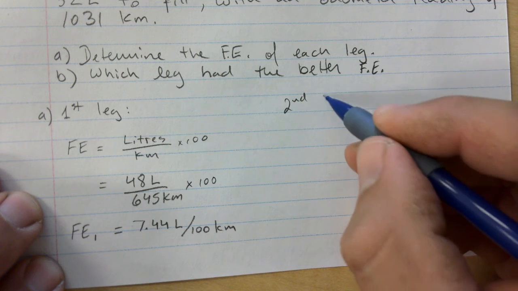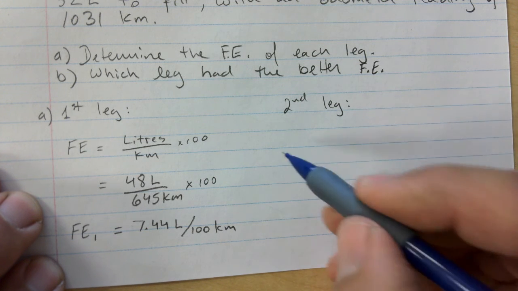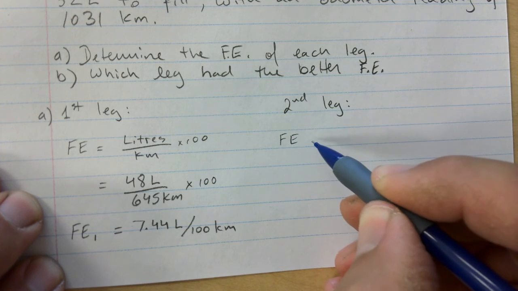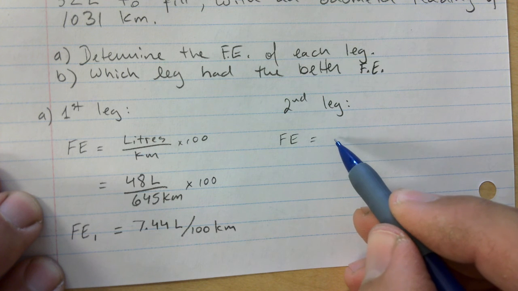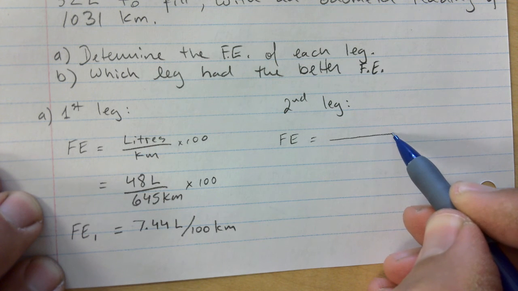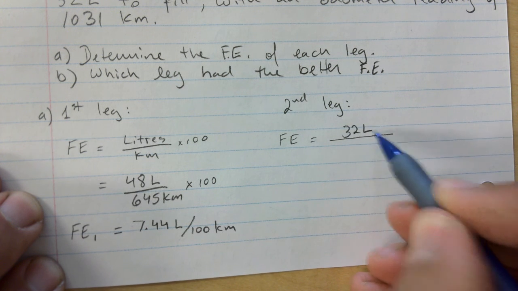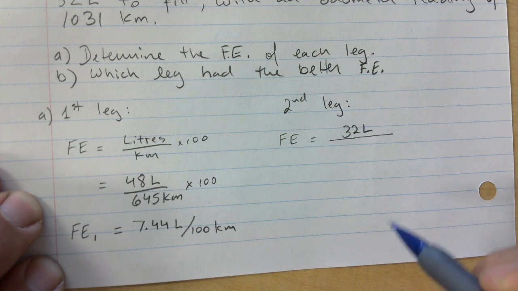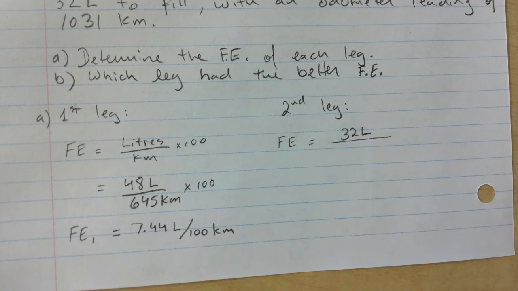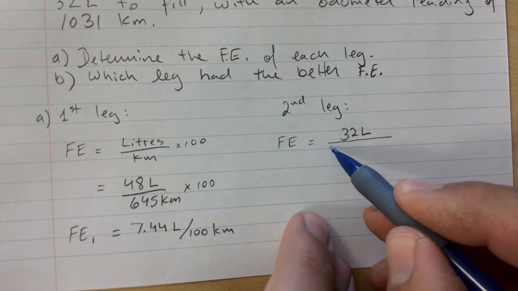Second leg, the fuel economy. I won't write down the formula again, but I do know that I used 32 liters for that stretch. And here's the tricky part, right? What's the distance you drove?